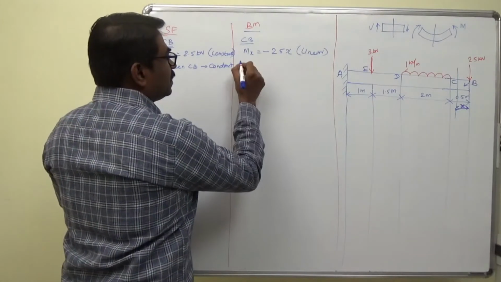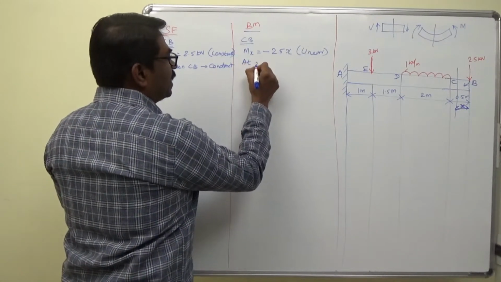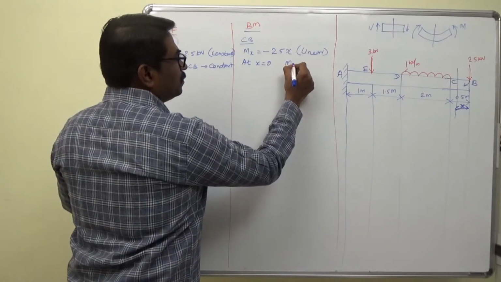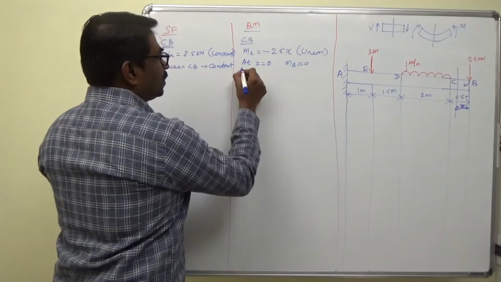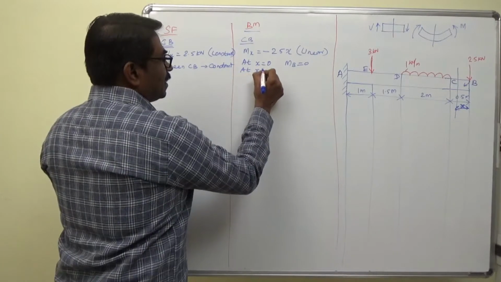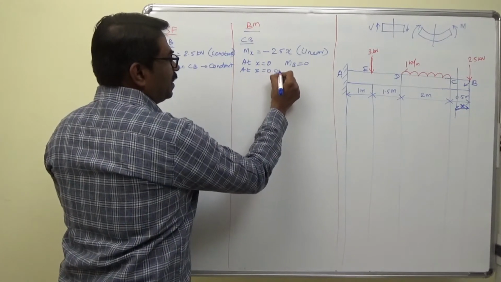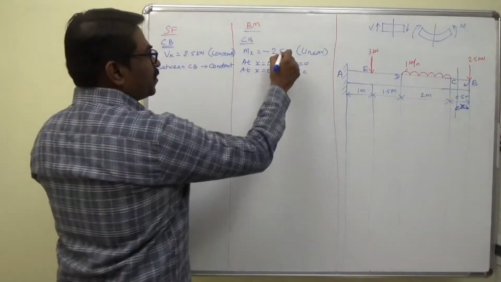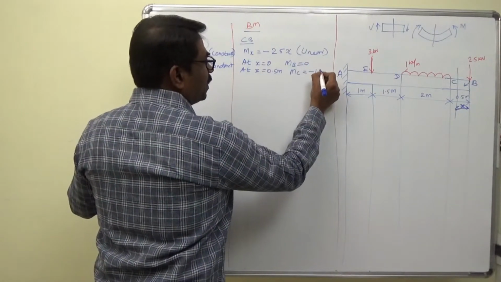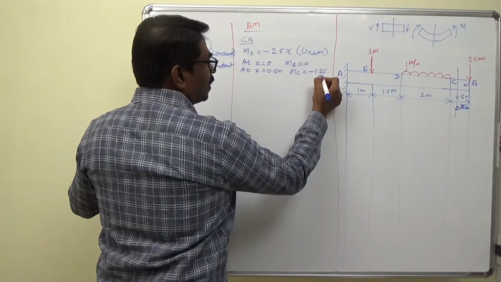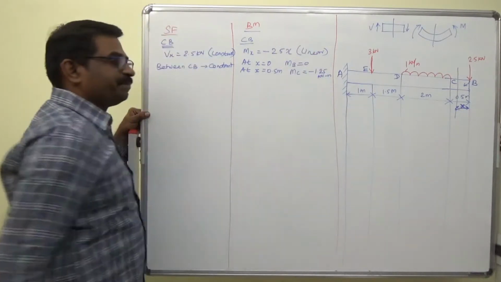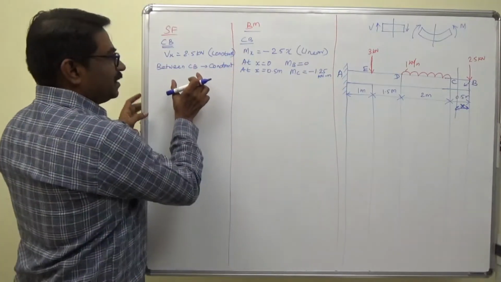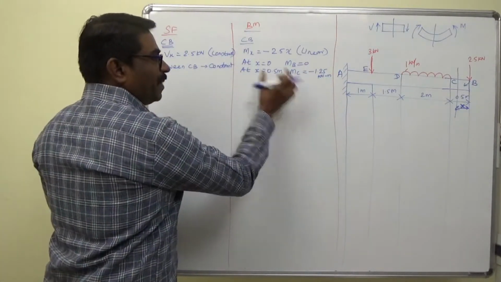Then apply the boundary condition: at x equal to 0, MB equal to 0; at x equal to 0.5 meter, I am at C, substitute 0.5, so minus 1.25 kilonewton meter. So for the first segment we have found the shear force and bending moment.